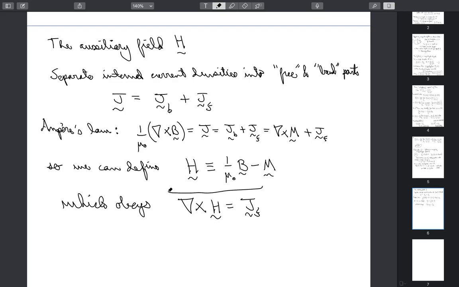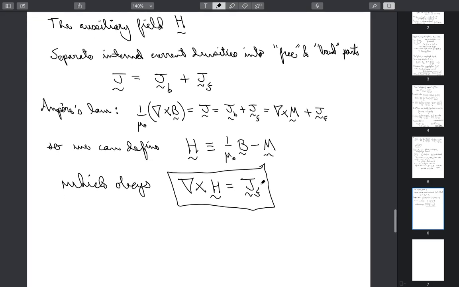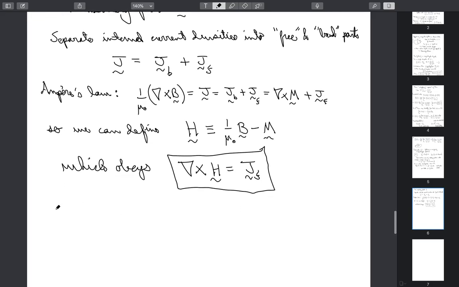Okay, and this is super important. So that's the differential form of it.